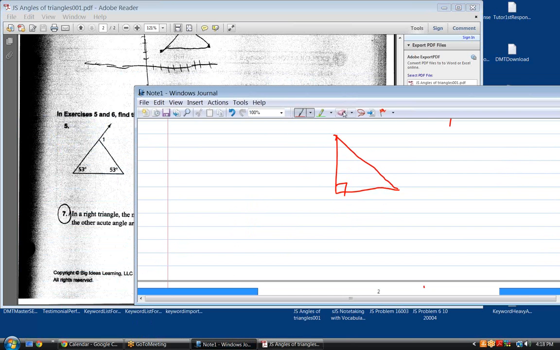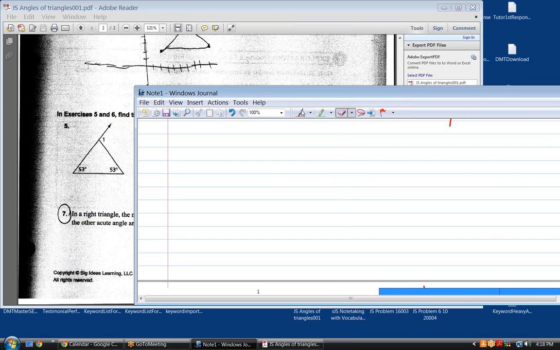In other words, there's 2 ways to do that problem. You can do it like this. What's the measurement of that angle right there? These 2 are 53.